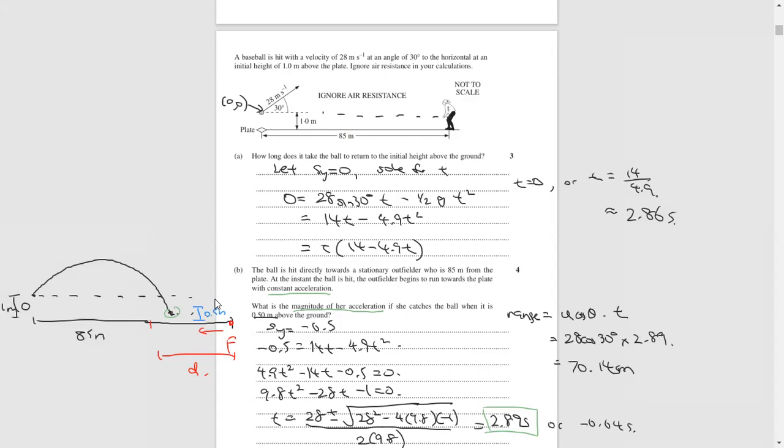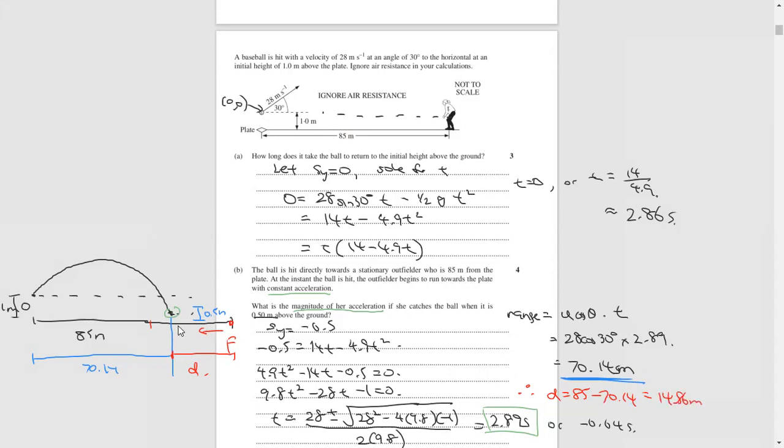And now what we have just worked out with this 70.14 is that this point here is 70.14. So if you know the fielder starts 85 meters away and that they're catching the ball at 70.14 meters, we can now know that D is 85 minus 70.14, which is 14.86.